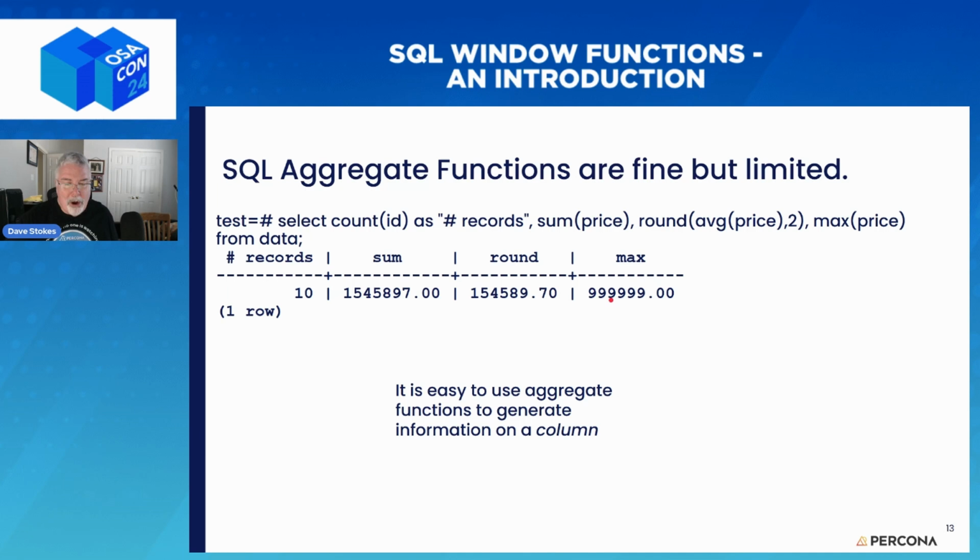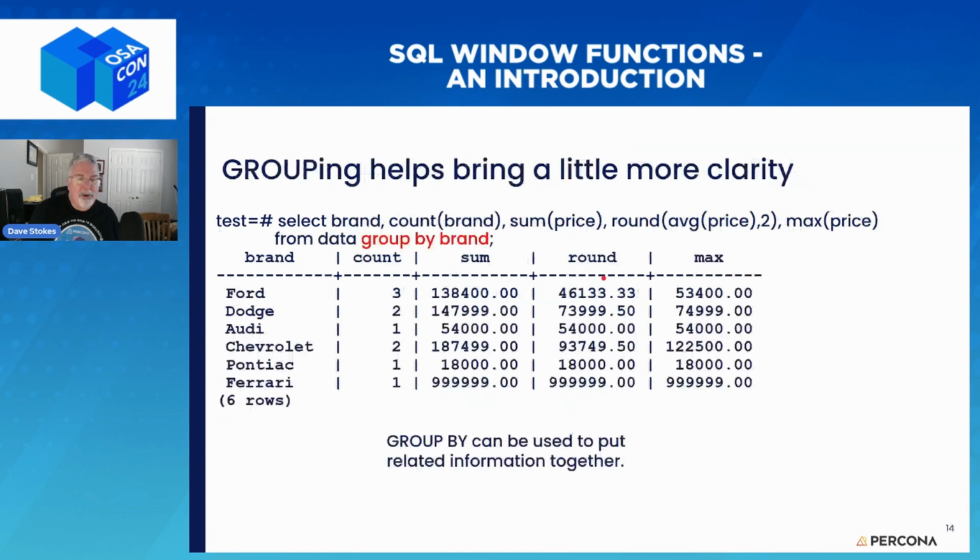And the most expensive car in inventory is this one. So you basically use an aggregate function to generate information on a column or columns. We have this column counted, this one summed, this one averaged, and this one is the max. Hopefully that's straightforward. Now grouping helps make this a little easier to read.